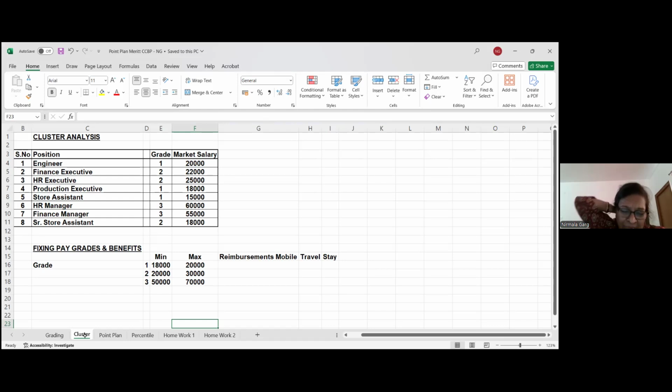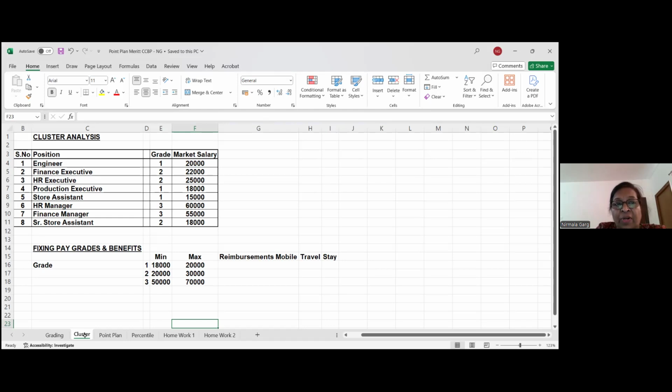This is another pre-work which I had done earlier on. So there are 8 positions here. They are not related to the breakout activity you have done. Now, these 8 positions, I have done a similar exercise of slotting them and doing a job evaluation.